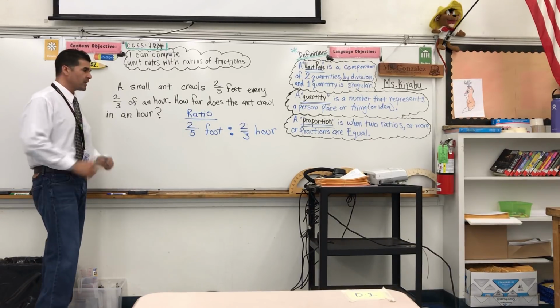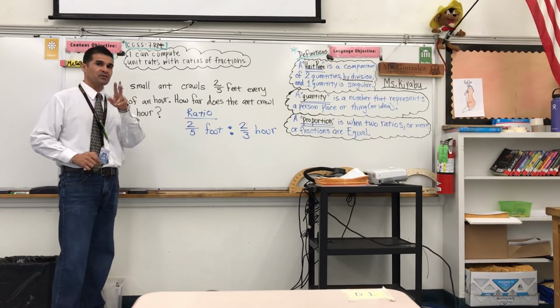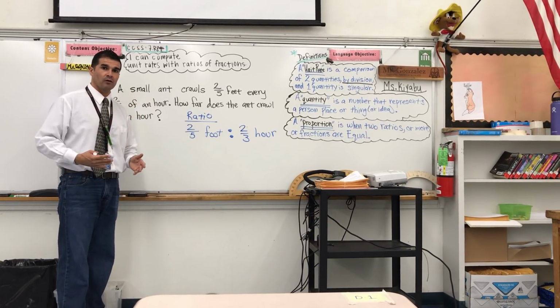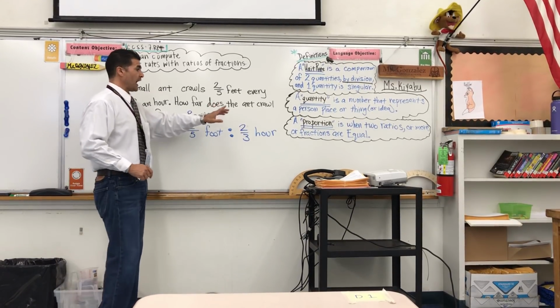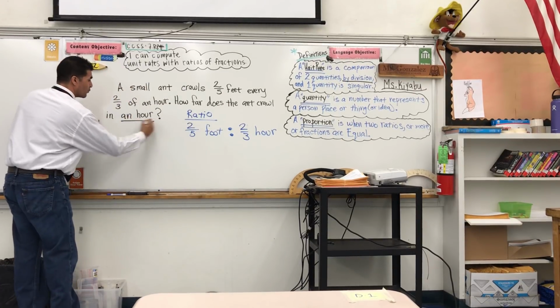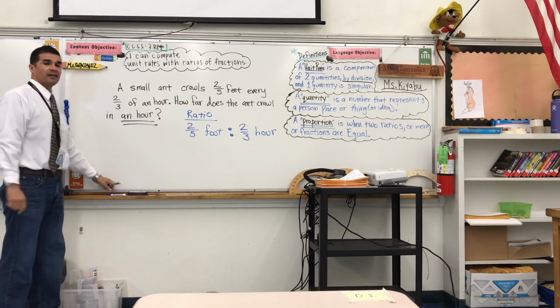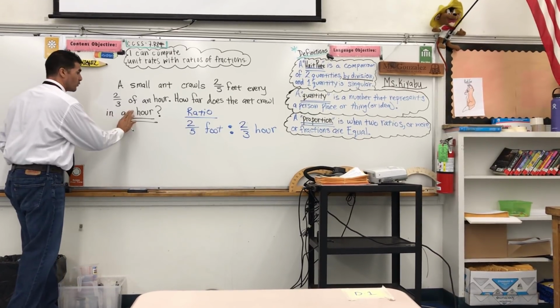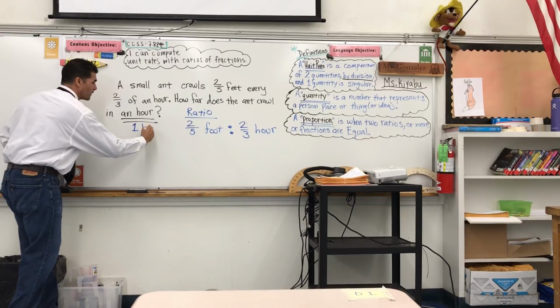So now, step number two, I'm going to go ahead and use the reciprocal to turn my 2/3 of an hour into an hour. Now, a lot of you guys already know that an hour is a total of 1 hour.